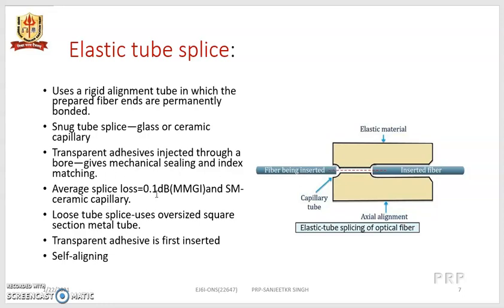Average splice loss here is 0.1 dB for multimode graded index fiber, and for single mode a ceramic capillary is used. The loose tube splice uses an oversized square section metal tube, and transparent adhesive is first inserted before the fibers are brought together and inserted inside, and it is self-aligning. So no extra effort has to be given for aligning. So perfect aligning reduces the losses.